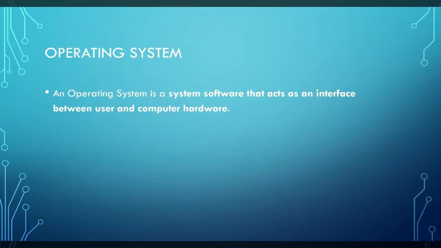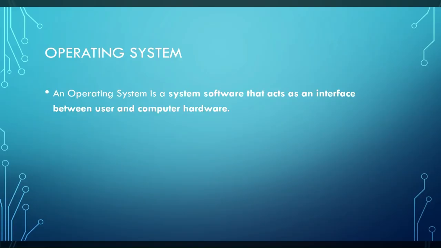See, how we are able to use the computer, that is the function of operating system. That's why we have written over there, it is an interface. It connects us to the computer, or it connects the computer to us. And it is also a software. So a software is helping to interact with the computer.